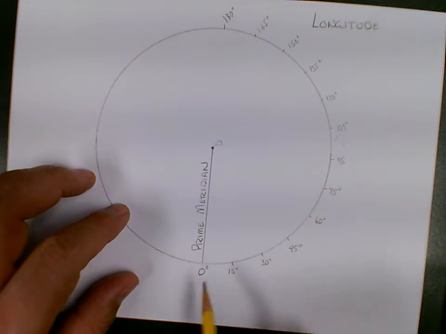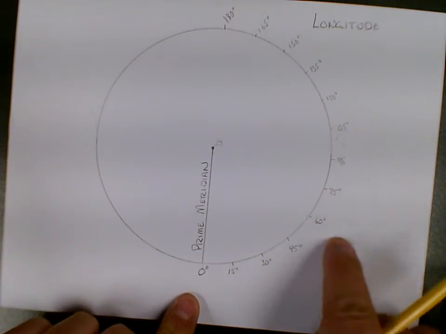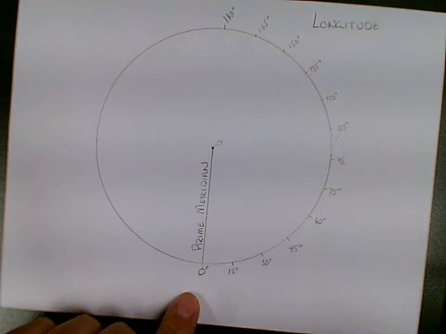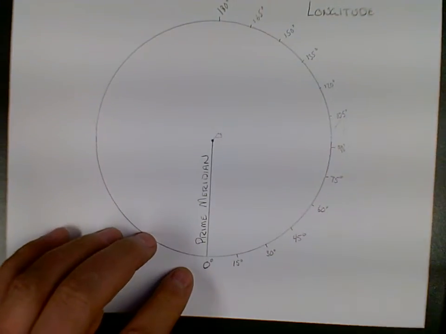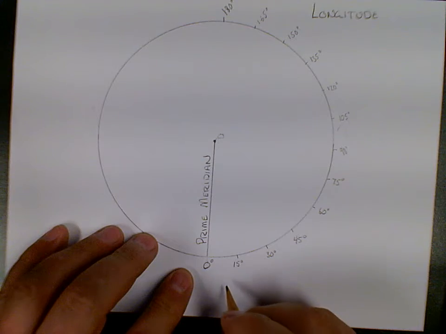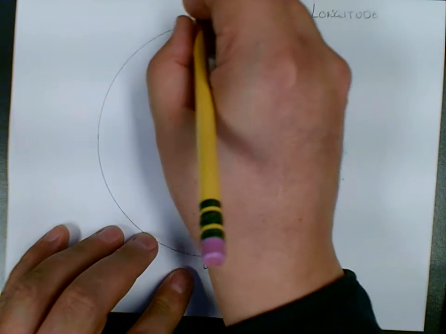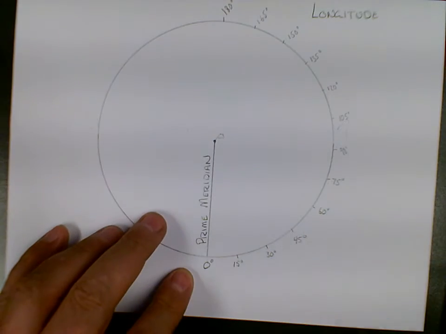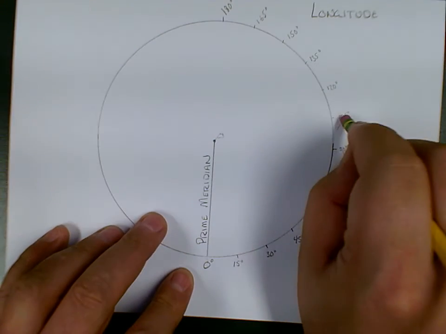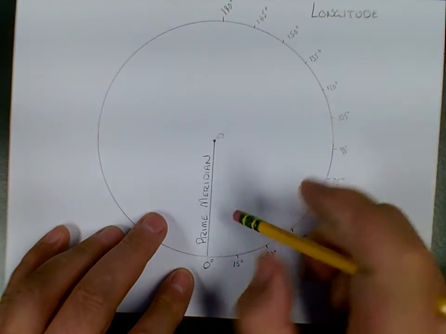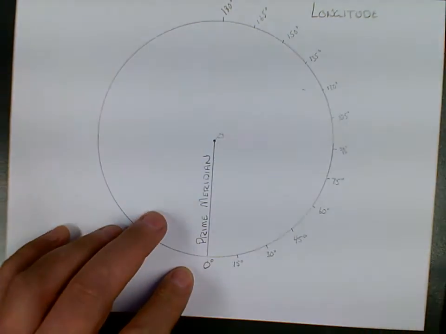If this is your nose, I could go to my left or to my right, and my ear would be over here, or over here. But if I continued going to my left, at some point I would come back onto my right-hand side. That's one of the things about longitude: I can go in a certain direction but end up on the opposite side. We're going to talk about that again in a little bit.